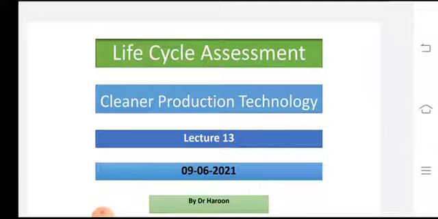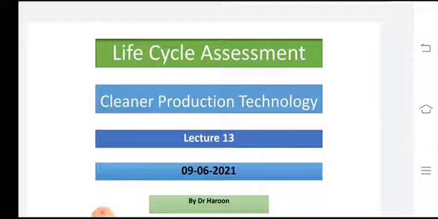It is not a simple process to conduct LCA. So we should be very clear about our goals and the scope of our LCA. Then once we know our scope, we can proceed accordingly.